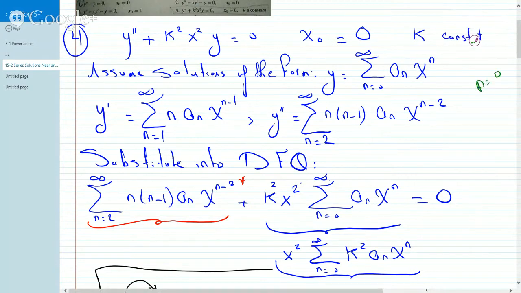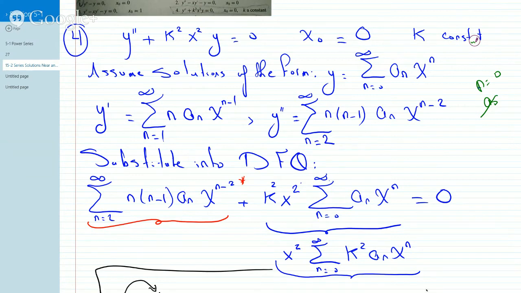A0, right? So when you take the derivative of this, that's 0. So now your first derivative starts at n equals 1, because you already lost a term when you differentiated a0.